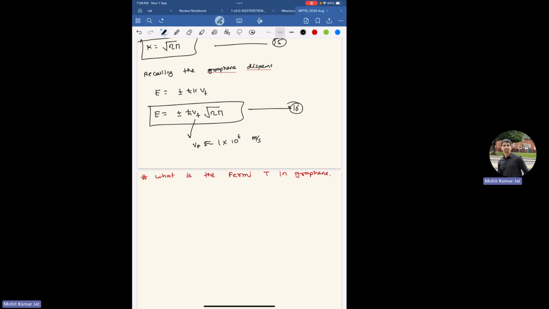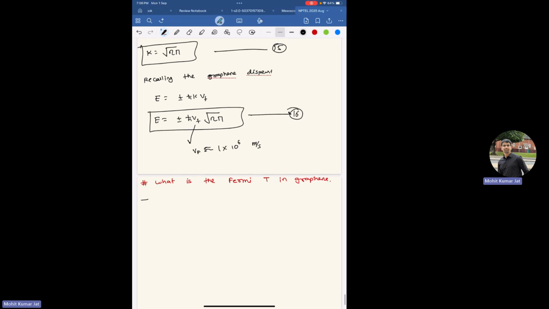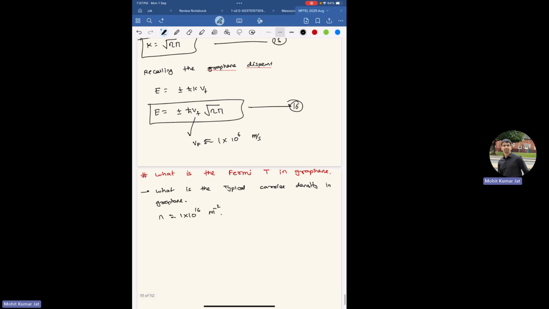To address this, first we'll have to address what the typical carrier densities are. The typical carrier densities n are roughly of the order of 1 into 10 power 16 per meter square.